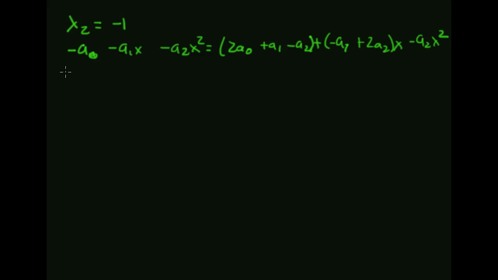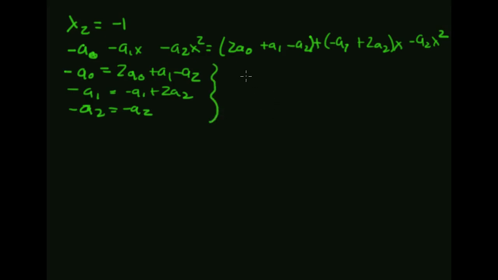Breaking that out, negative a0 is 2a0 plus a1 minus a2. Negative a1 is negative a1 plus 2a2. And then negative a2 is negative a2.